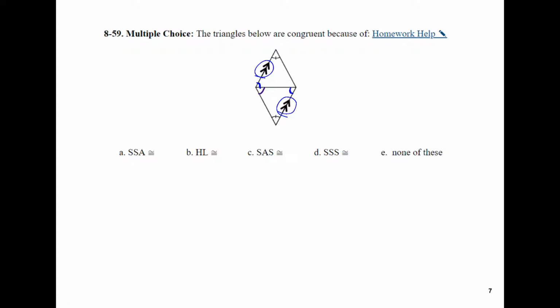So I can also conclude that these alternate interior angles are congruent. So I cannot prove that two triangles are congruent based on angle, angle, angle. So I could just conclude that these triangles are similar, so none of these properties would prove they're congruent.